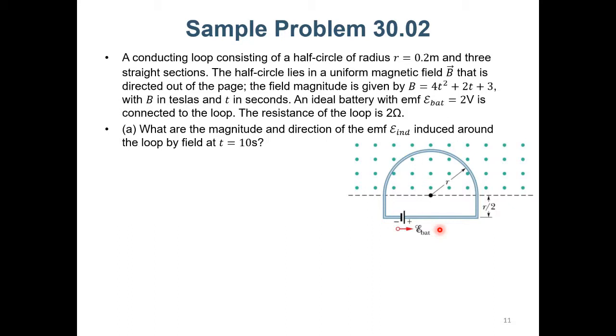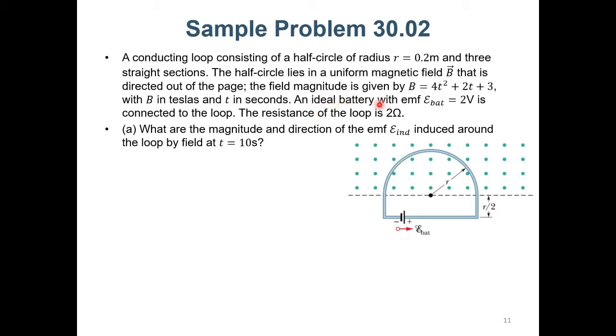So there's another sample problem. A conducting loop consisting of a half circle of radius r. So this is a half circle and three straight sections. This is out of the magnetic field. The half circle lies in the uniform magnetic field that is directed out of the page. The field magnitude is given by B, with B in Tesla and t in seconds.